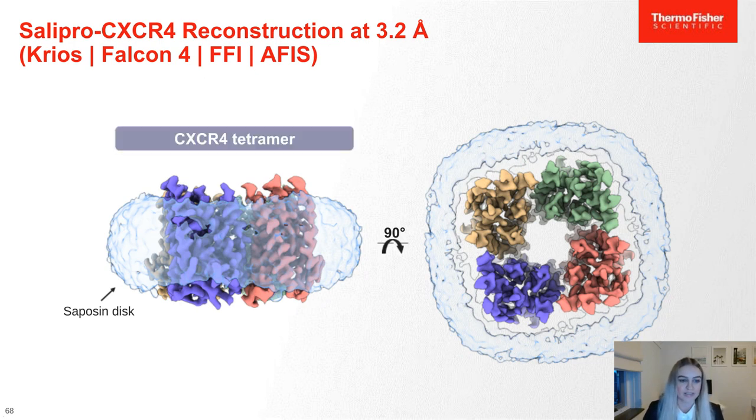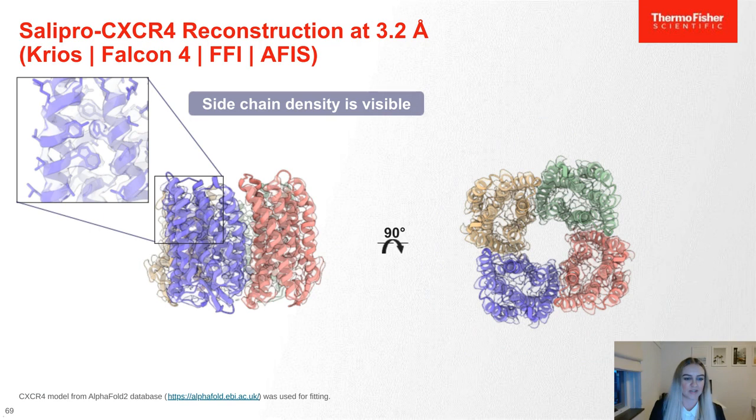I took the CXCR4 model from the AlphaFold 2 database, and it fits really well in the map. And you can see on the left side that the side chain density corresponds well with the bulky side chain.